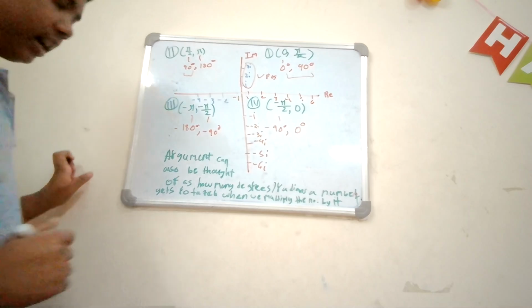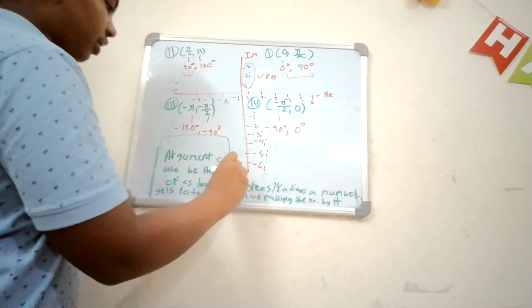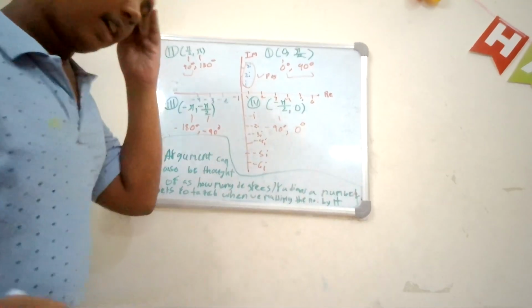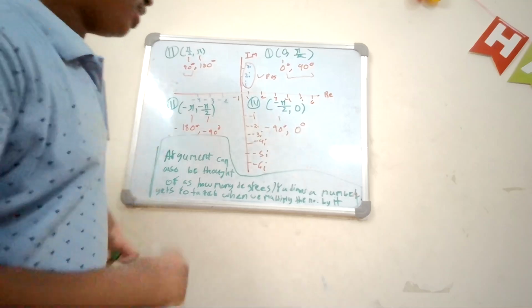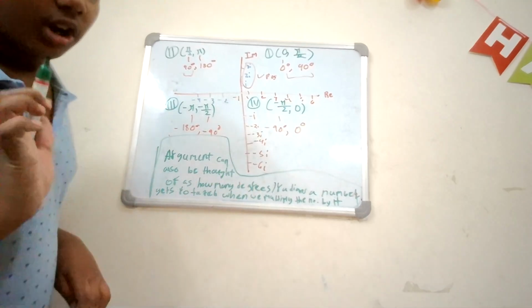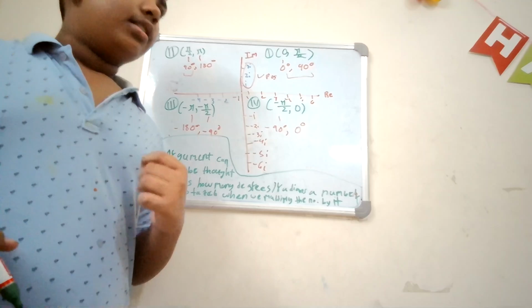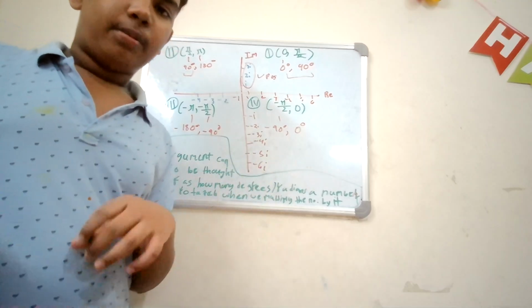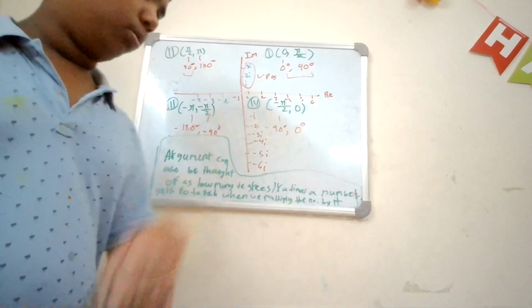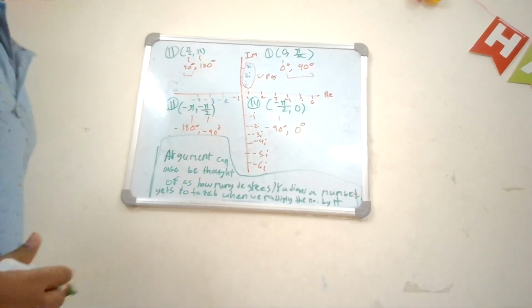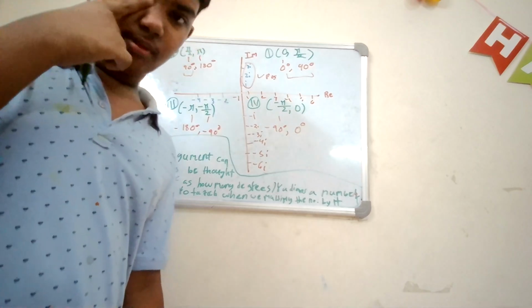So guys, I have another definition of argument. In my previous video on the argument on the whiteboard, I said that argument is determining what angle a complex number represents on the positive real axis. That's true, because the positive real axis is the standard way to express it.